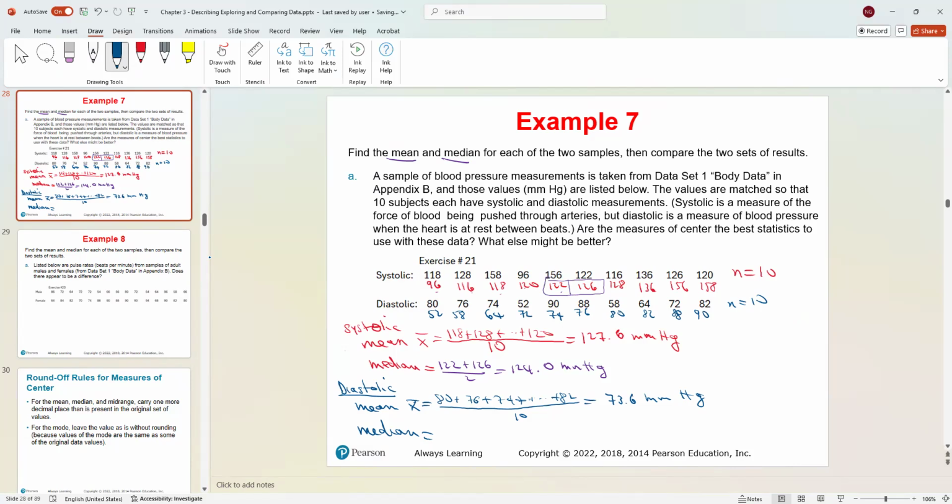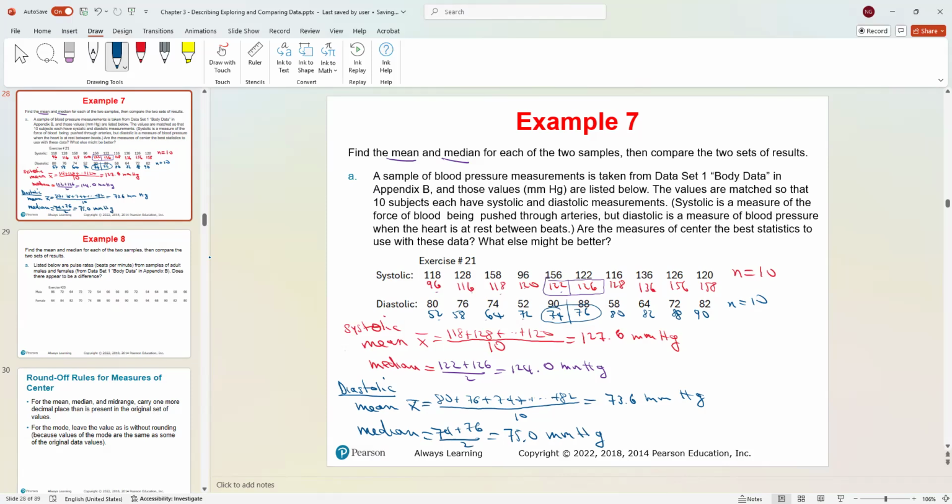So we're going to take the two in the middle: 1, 2, 3, 4, 5. We add the two data in the middle and divide by 2. What would be the median then? The median would be 75. Right? So we find the mean and the median.